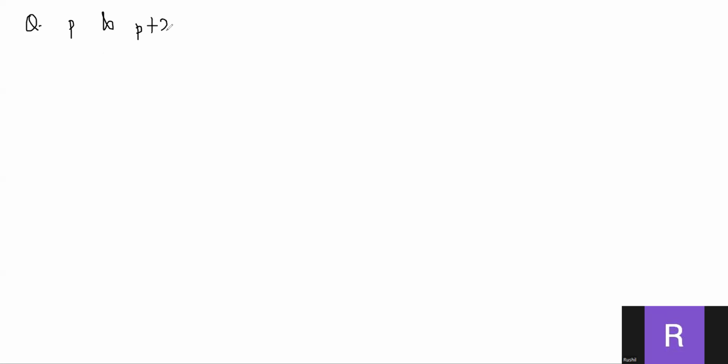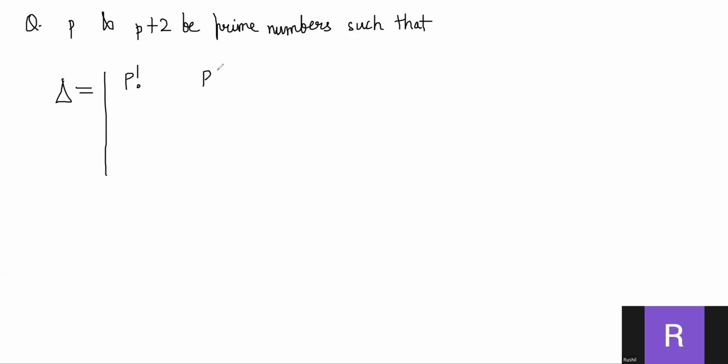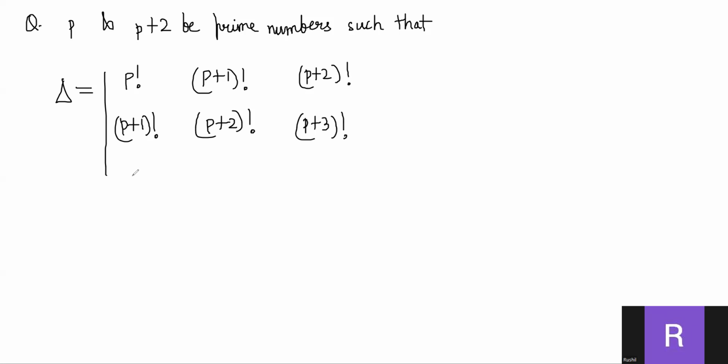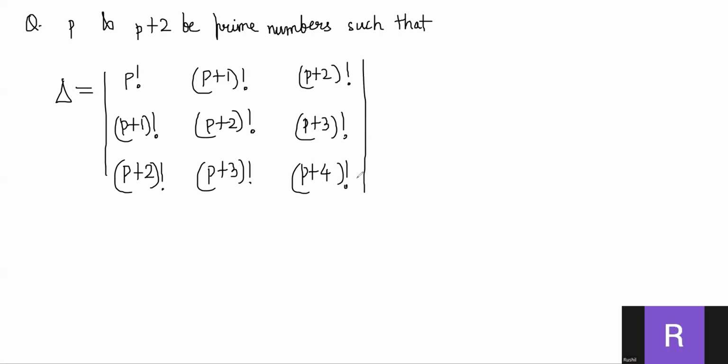Let P and P plus 2 be prime numbers such that delta is equal to the determinant with rows: P factorial, P plus 1 factorial, P plus 2 factorial; P plus 1 factorial, P plus 2 factorial, P plus 3 factorial; P plus 2 factorial, P plus 3 factorial, P plus 4 factorial. This determinant is given.